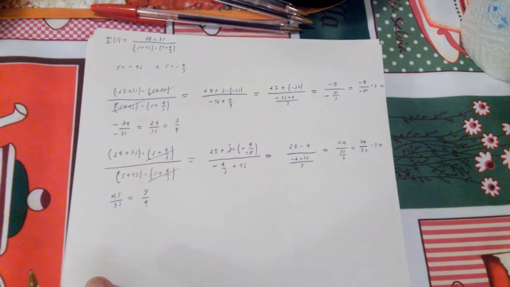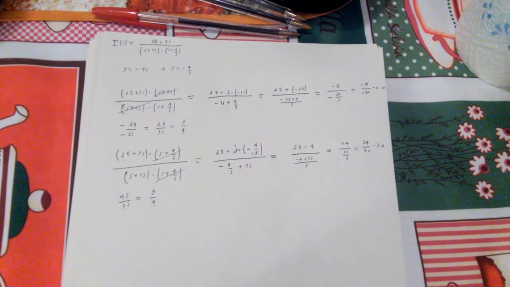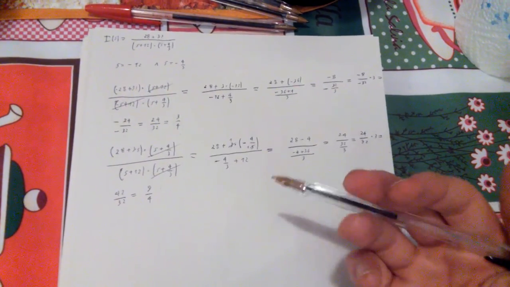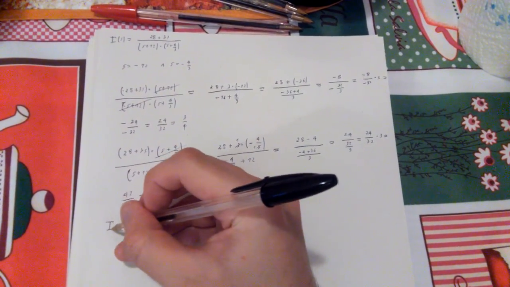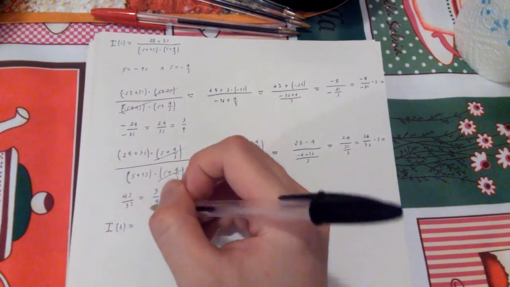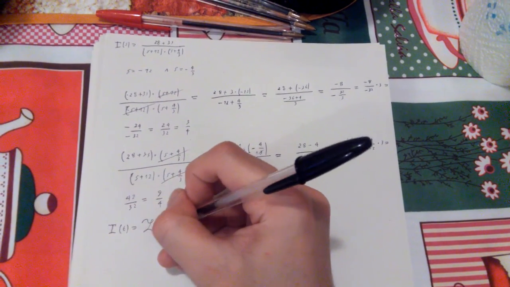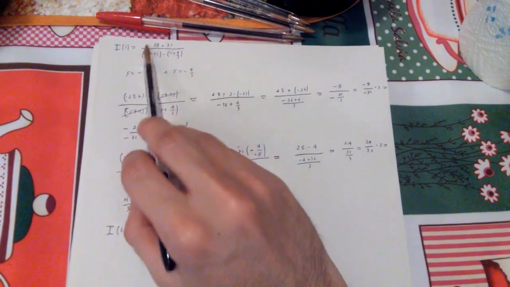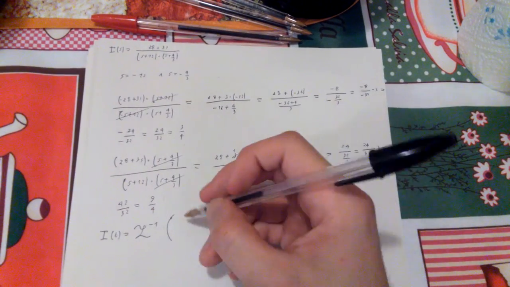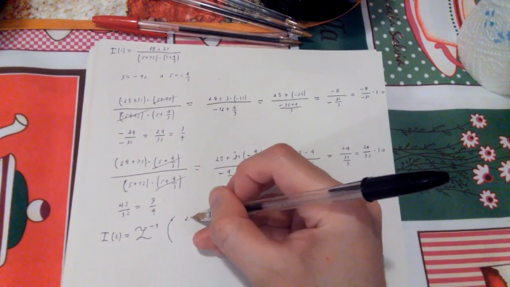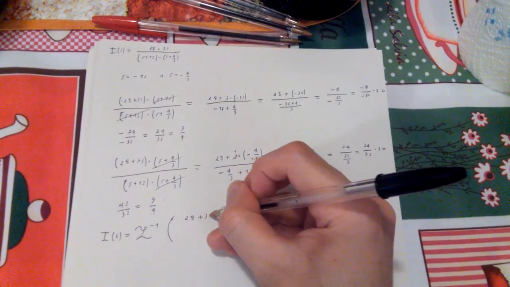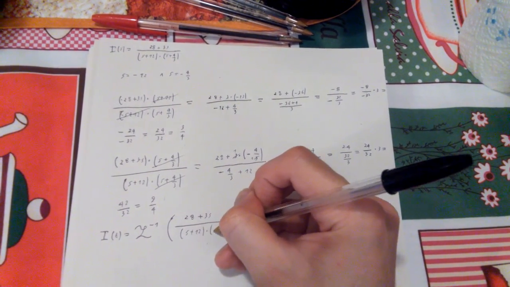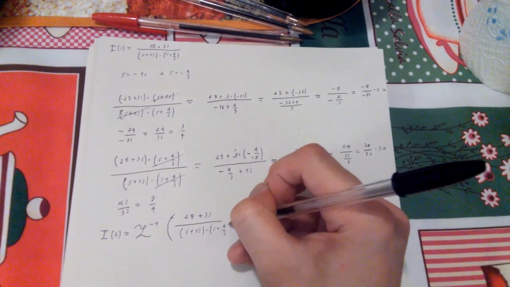Now we just have to apply the anti-transform of Laplace in order to go from I of s to I of t. So I of t, which is required by the problem, is just the anti-transform of Laplace of I of s, so this whole thing here, 28 plus 3s over s plus 12 times s plus 4 over 3.